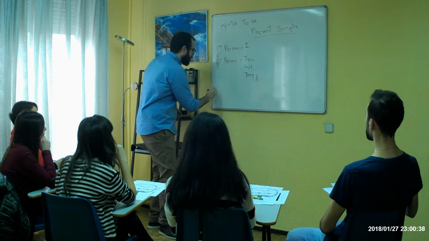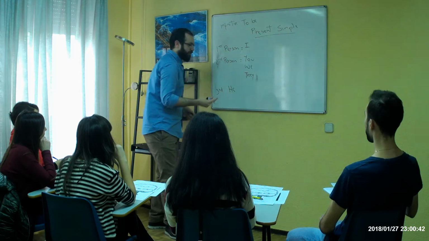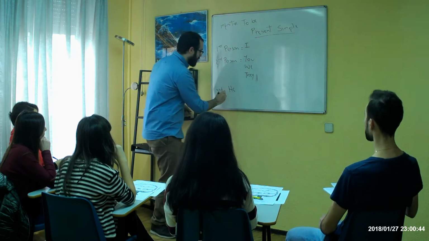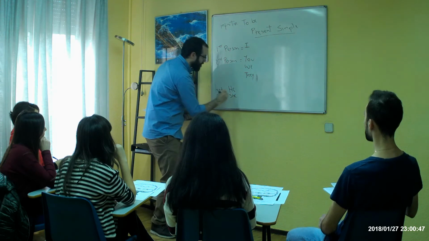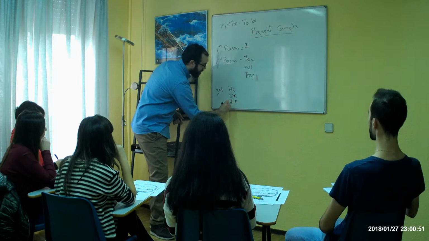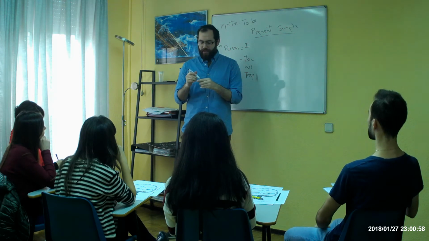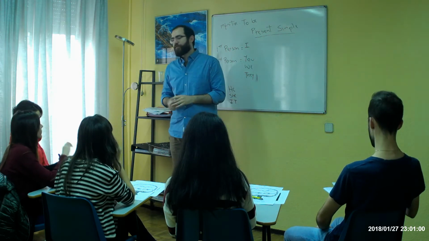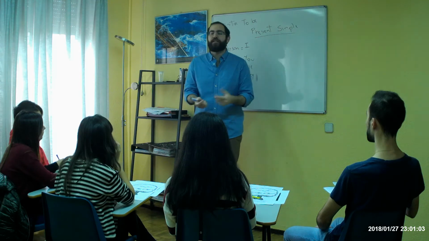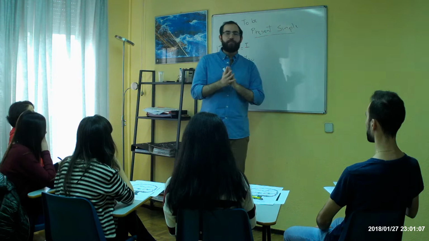And then we have the third person, which is he, a man, he. We have she, which is a woman, and then we have it, which is an object or an animal. Always animals are it. It's normal that sometimes we call our dogs or our cats she or he because we love them, okay? But an animal or an object, we always have to use it, right?